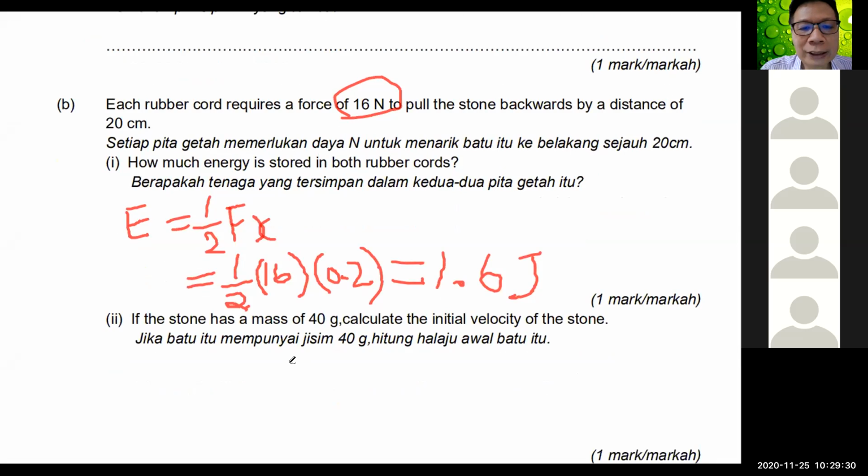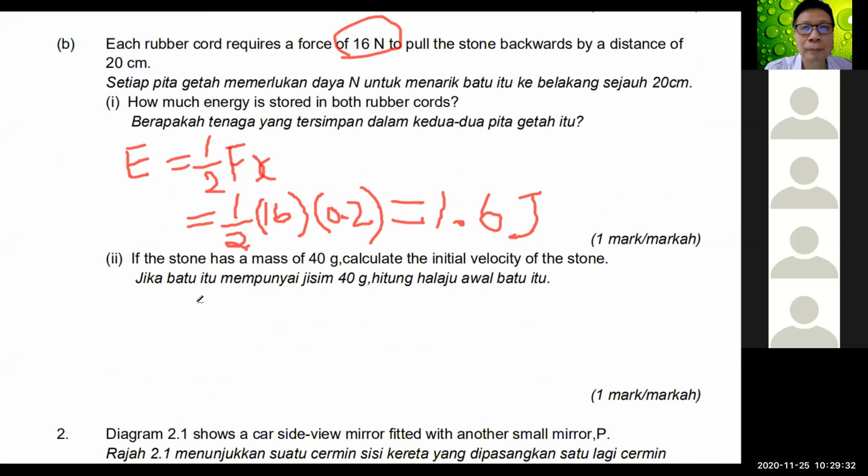The energy that makes the stone fly is the elastic potential energy. So elastic potential energy changes to kinetic energy when the stone flies, right? Kinetic energy formula is half mv squared.